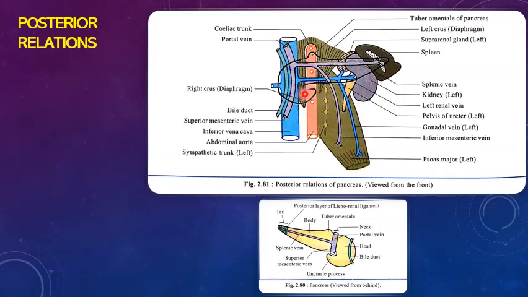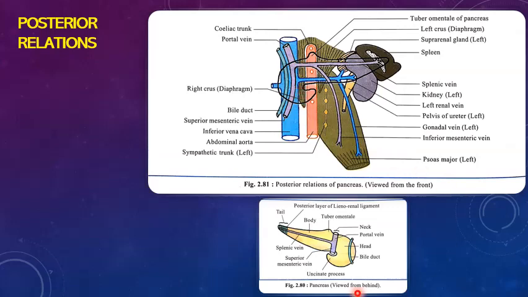Cisterna chyli and azygous vein also will be seen in this line. So if you just remember the right crus of diaphragm, it should contain all these structures: right middle suprarenal artery, right gonadal artery, right celiac ganglion, and sometimes cisterna chyli and azygous vein. So these form one more posterior relation.